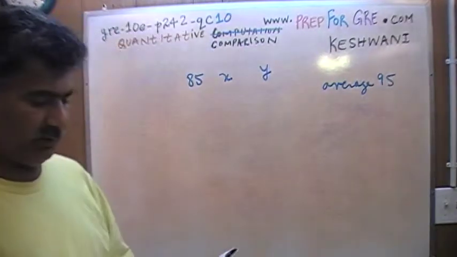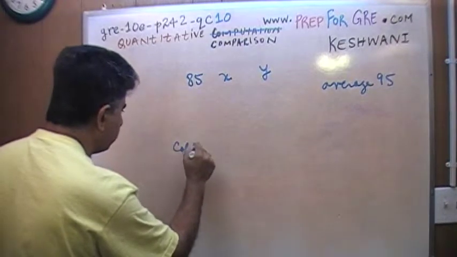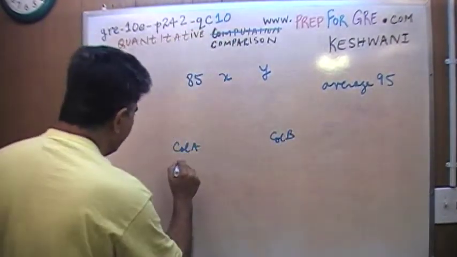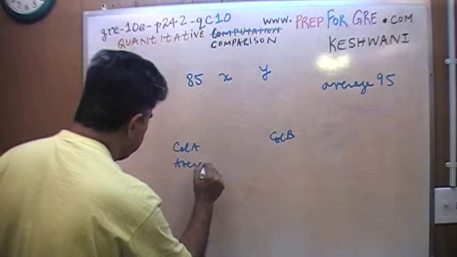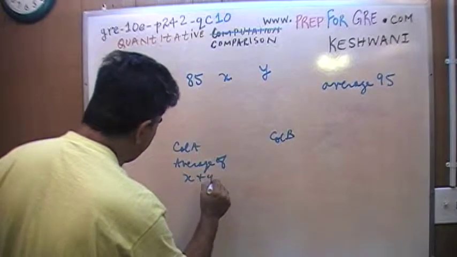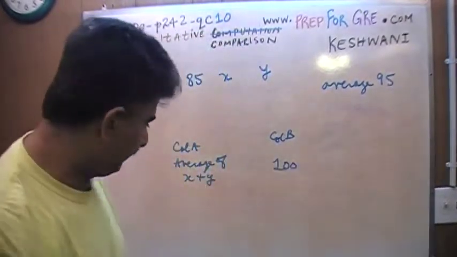And they want you to compare the average of X and Y, column A, column B, average of X and Y versus 100. Well, let's take a look at it.